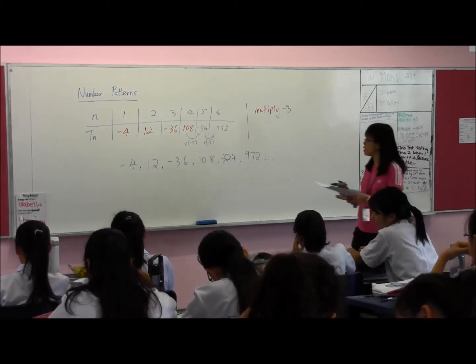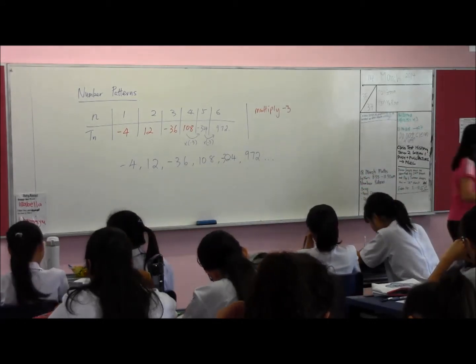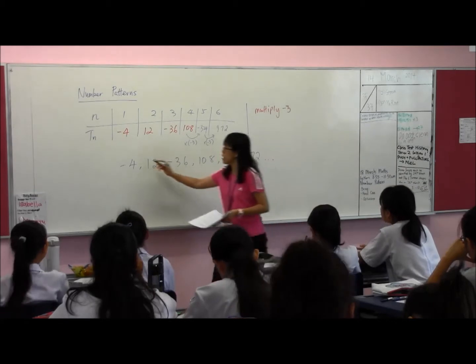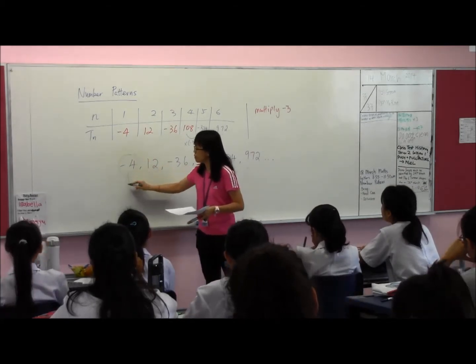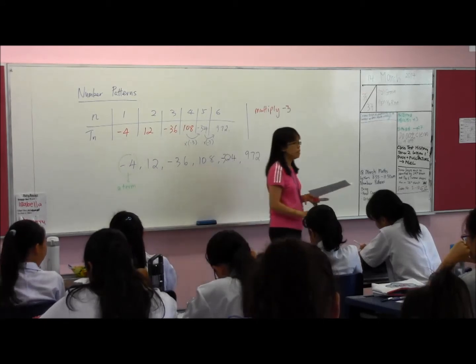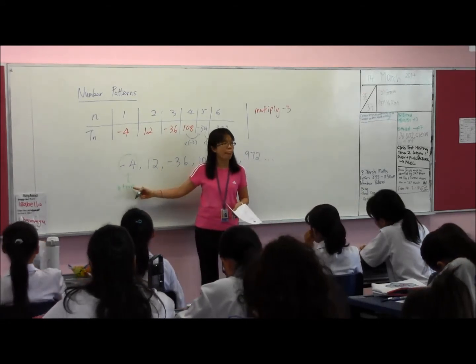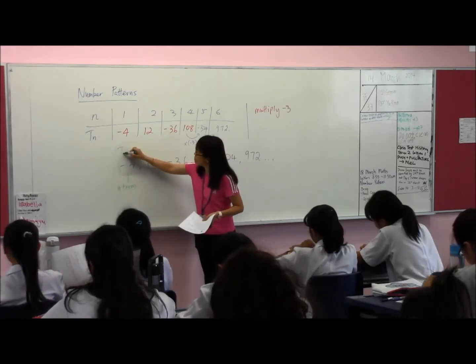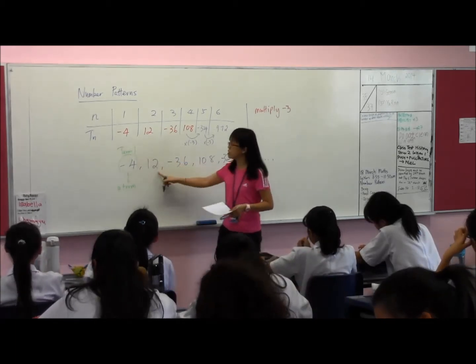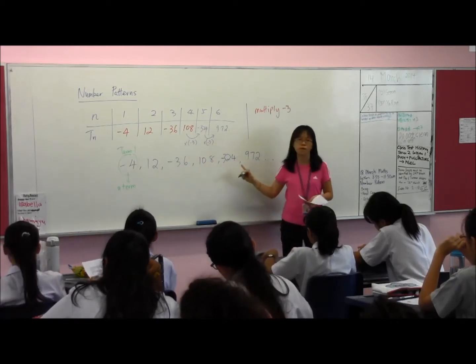And each number in this sequence, we give it a name. Okay, so each number, this is called a term. Yeah, a term. And this is actually the first number, so this is called term 1. This is term 1, this is term 2, term number 3, term 4, term 5, term 6.